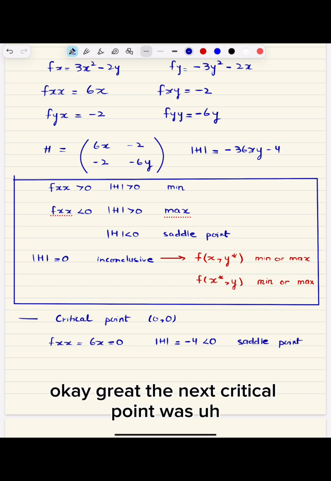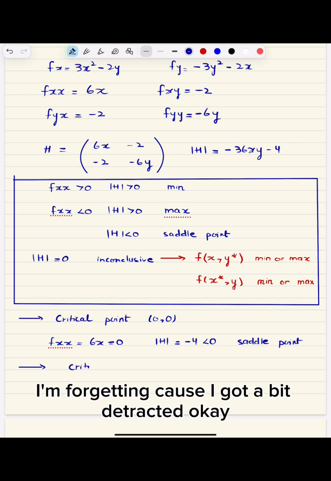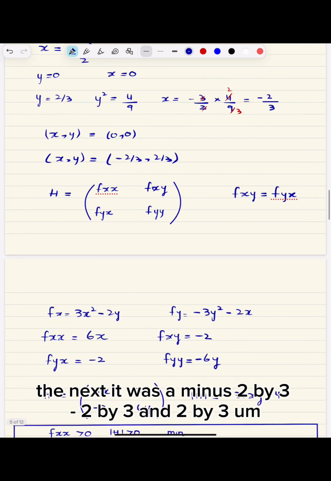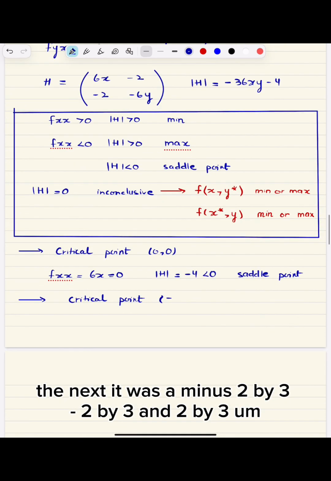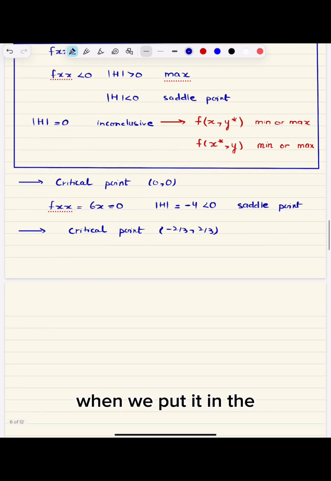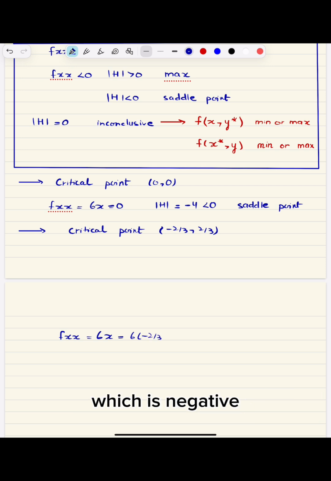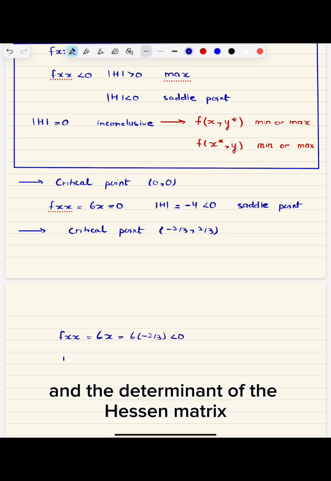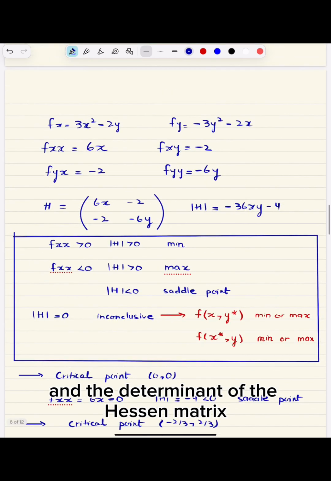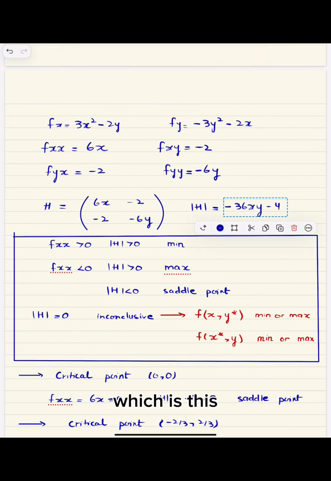Okay, great. The next critical point was, I'm forgetting because I got a bit sidetracked. Okay, the next one was minus 2/3, minus 2/3 and 2/3. When we put it in, the first entry is going to be 6 times minus 2/3, which is negative, and the determinant of the Hessian matrix is this.